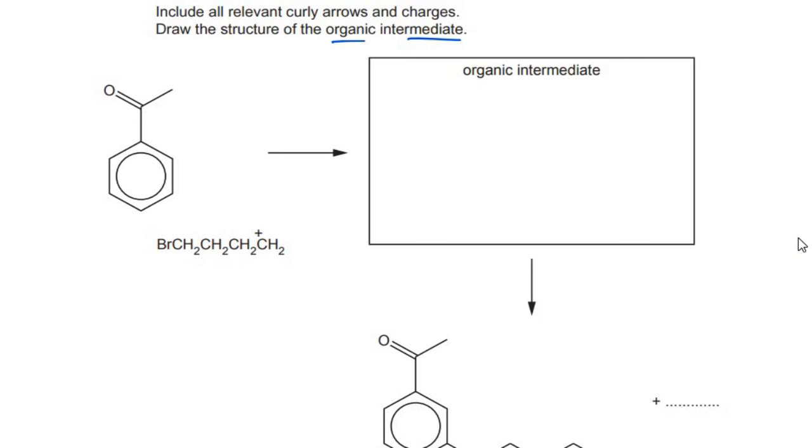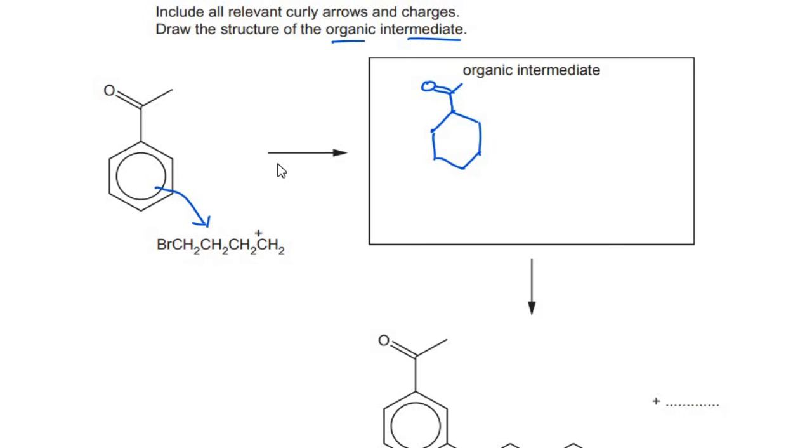Now if this is the electrophile, we need to draw an arrow from the benzene ring to the electrophile here. Now we show the same phenylethanol here, double bond O, single bond here.